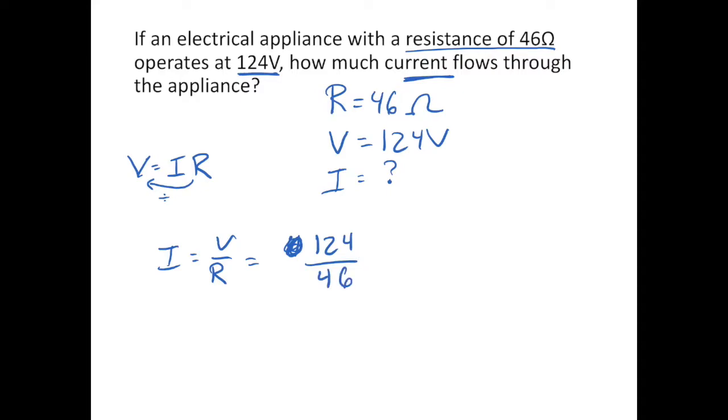R is 46. We plug this into our calculator as well. 124 divided by 46. We get 2.7 amps. There's our answer. 2.7 amps is flowing through our appliance here.